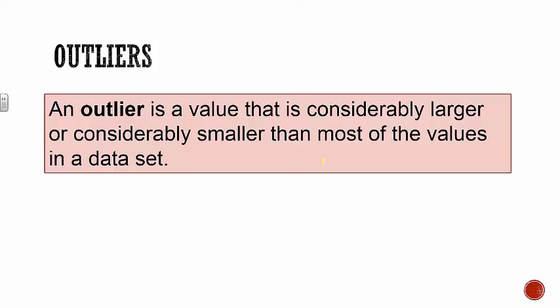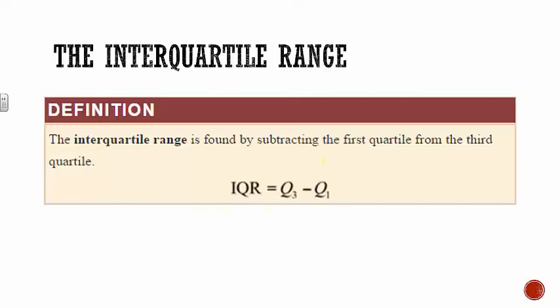But if it was a true outlier, like the temperature in Alaska being way lower than the other 50 states, well, it probably is way lower, so I can't take that out because it is a true data value, and we have to use the outlier in our data set. So again, the outlier is something that's very, very large or very, very small in comparison to the rest of the values in the data set.